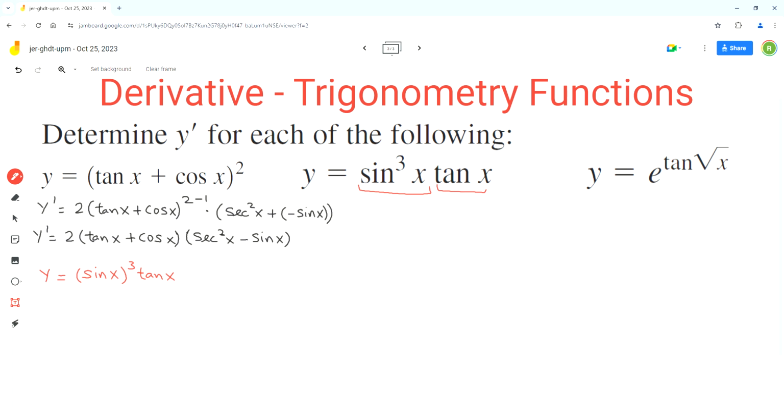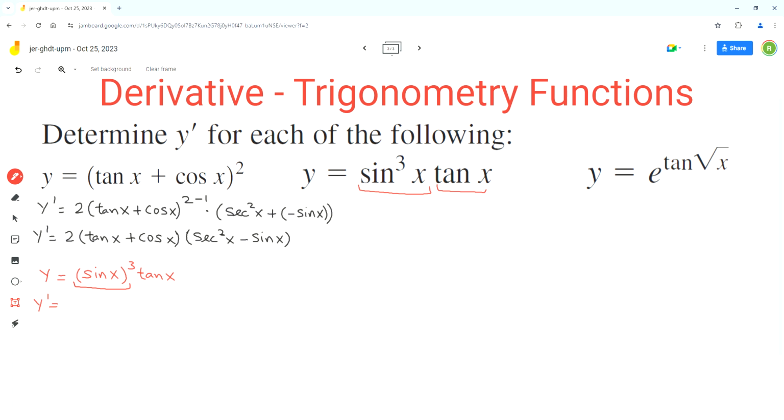We'll start with the product rule. As per the product rule, we start with the derivative of the first function, which is sine x cubed. We'll use the chain rule, starting with the outer function, which is the cube.